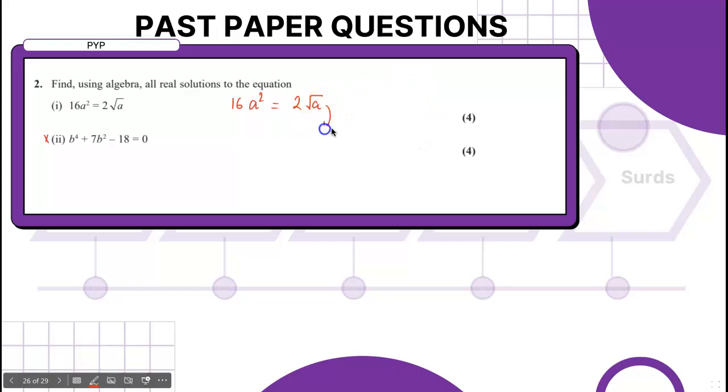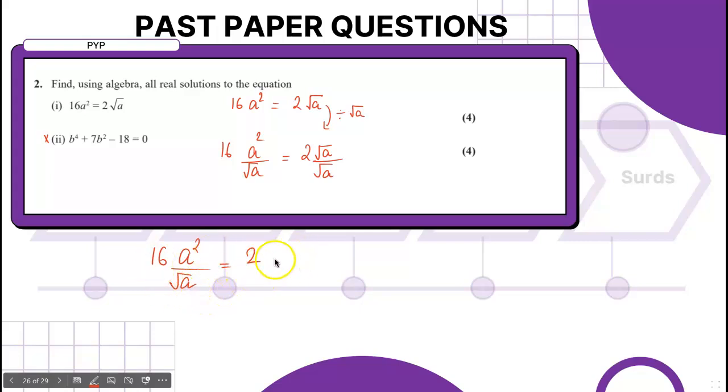So we're going to be dividing by square root of a both sides, so it would be 16a squared over square root of a equal to 2a square root of a over square root of a. So can we write it as 16a squared over square root of a equal to 2.